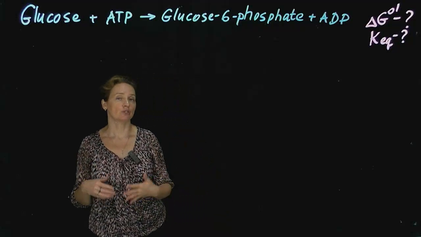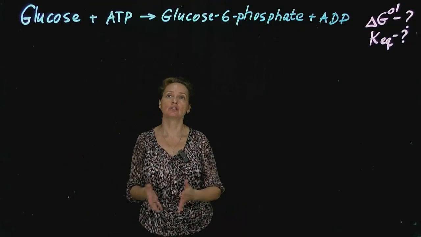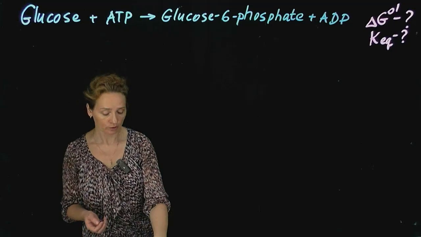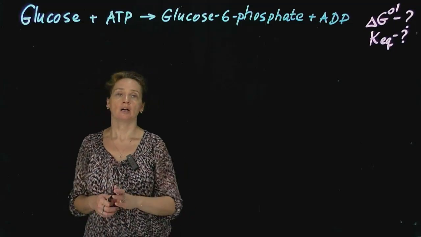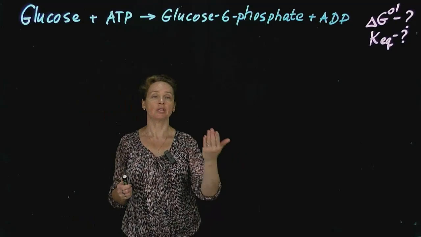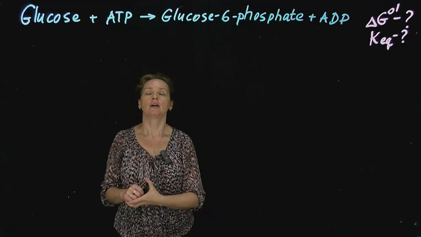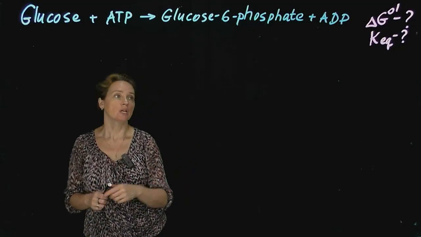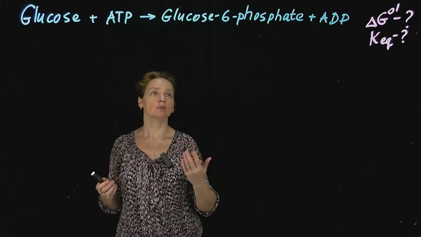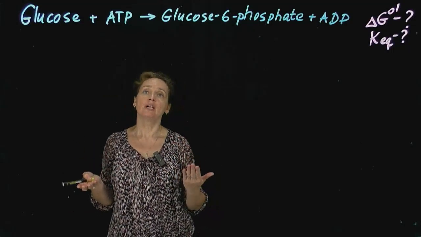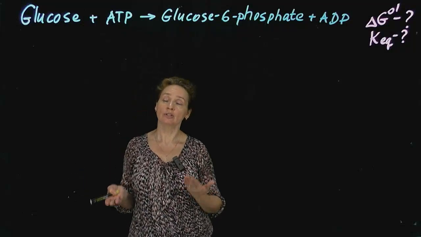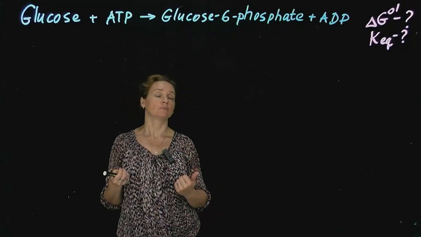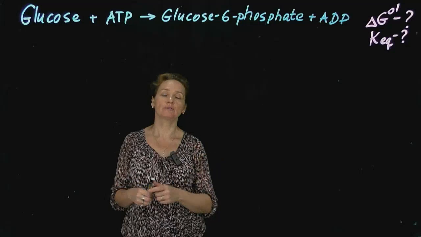So we have two questions: to calculate delta G under standard conditions for this reaction and the equilibrium constant. We know that delta G for a complex reaction, that's actually a coupled reaction, right? So delta G for this reaction can be calculated based on the standard free energy change values for the simple reactions of hydrolysis of phosphorylated compounds.